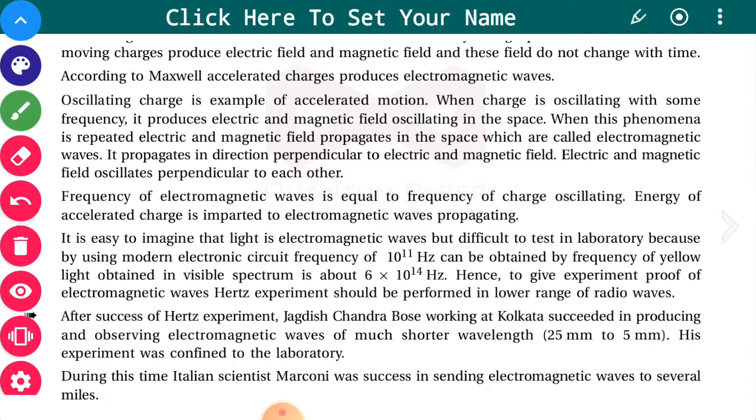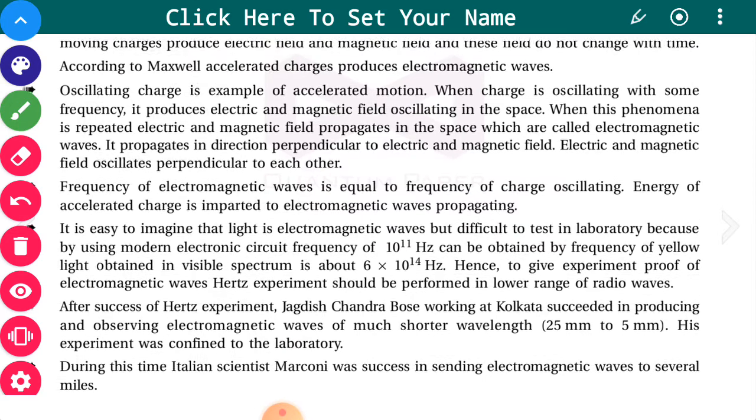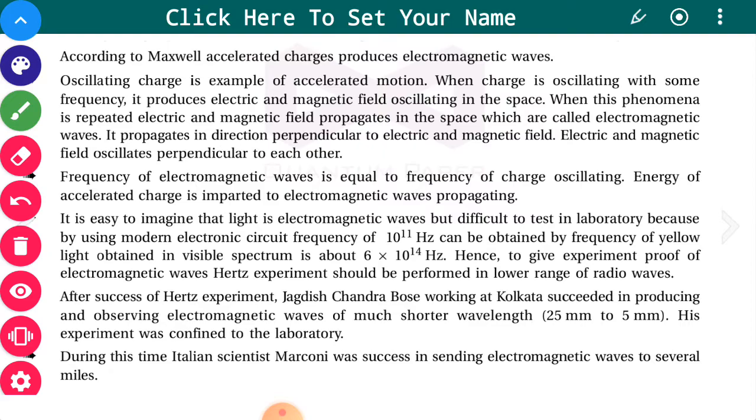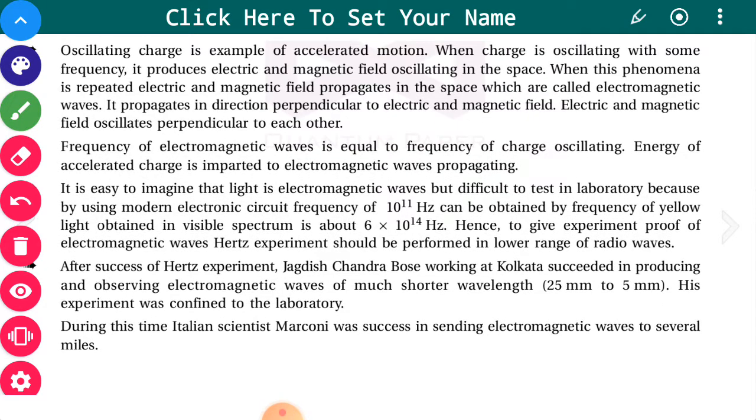According to Maxwell, accelerated charges produce electromagnetic waves. An oscillating charge is an example of accelerated motion. When a charge is oscillating with some frequency, it produces electric and magnetic fields oscillating in space.